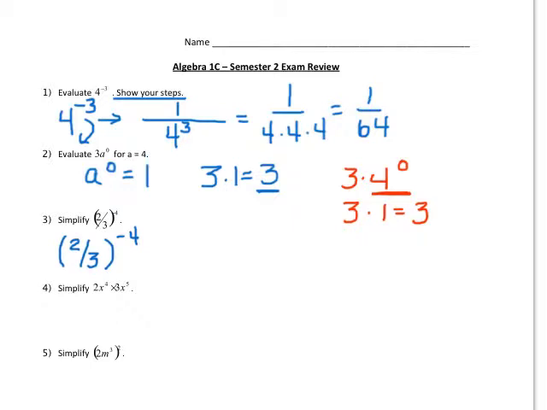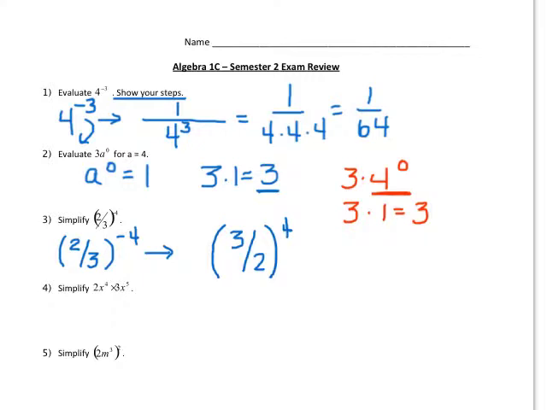So this negative right here is going to make this fraction flip over. So it's going to end up looking like this. The 3 will be on top, the 2 will be on the bottom, and then we'll be raising to the power of positive 4. It's not negative anymore because it already did its job. The negative's job was just to flip the fraction over, and since we flipped the fraction now we're good.